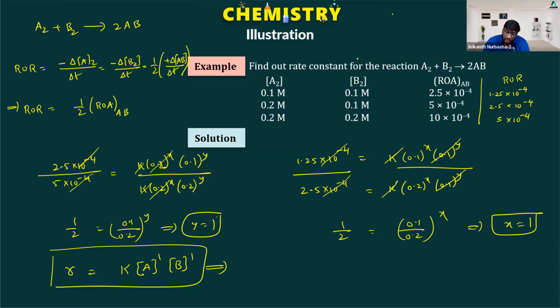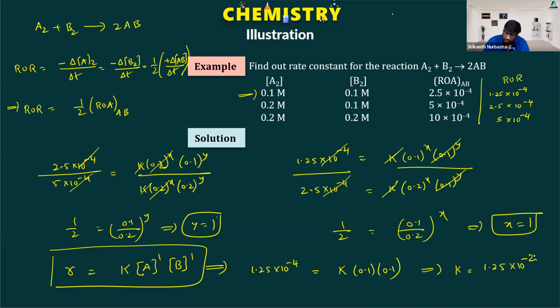And now we have to find out the K value. So use any experiment. I'm using experiment 1. So what is the rate of reaction? 1.25 into 10 power minus 4. That is equal to K into 0.1 into 0.1. So from here K is equal to 1.25 into 10 power minus 2.